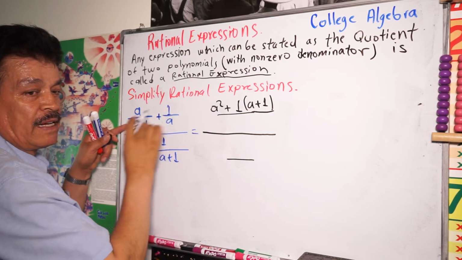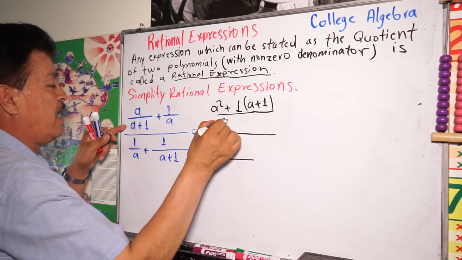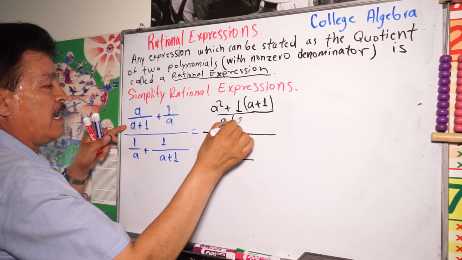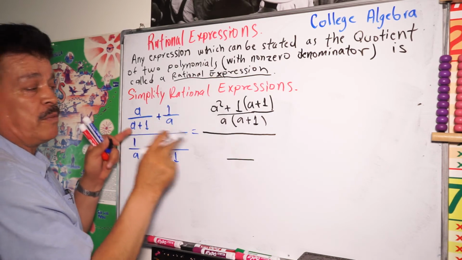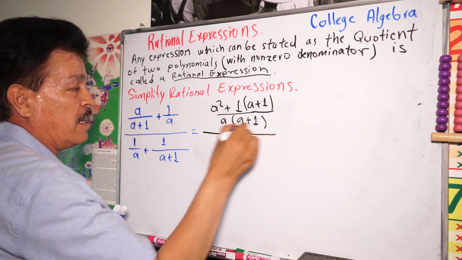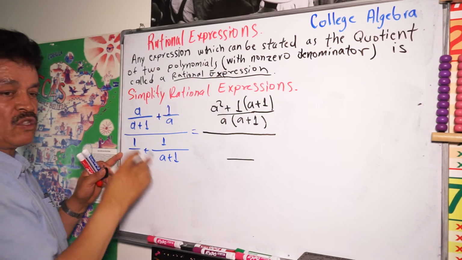You're going to have just a times a plus 1. Multiply denominator by denominator, because they are different denominators. And the bottom, the same thing. Just cross multiply.